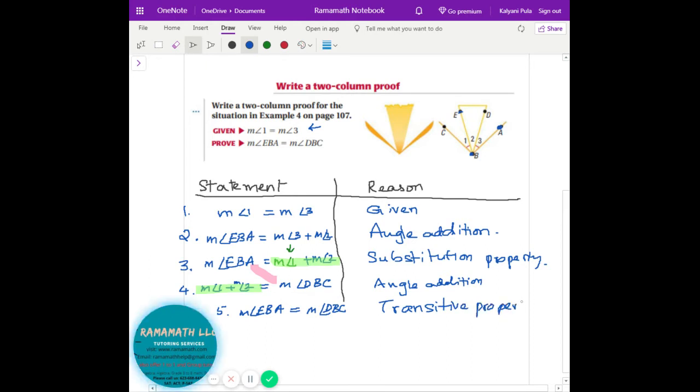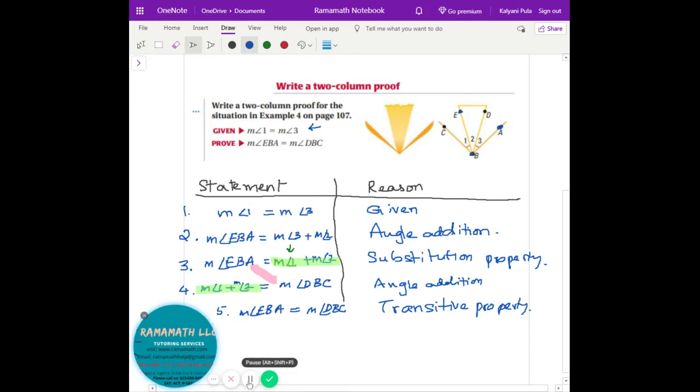So all the properties that we learned before, we're going to use them to prove any given statement and whatever they ask you to prove. This is so famous in geometry, and you will see it in a lot of questions in the test also, and you should be familiar with what property you are applying. So it's really important that you focus and learn it right.